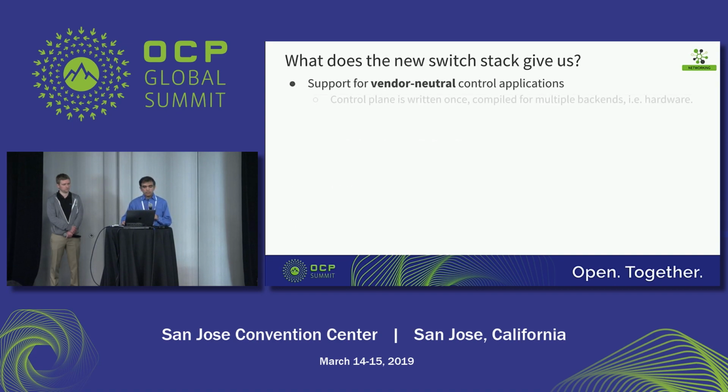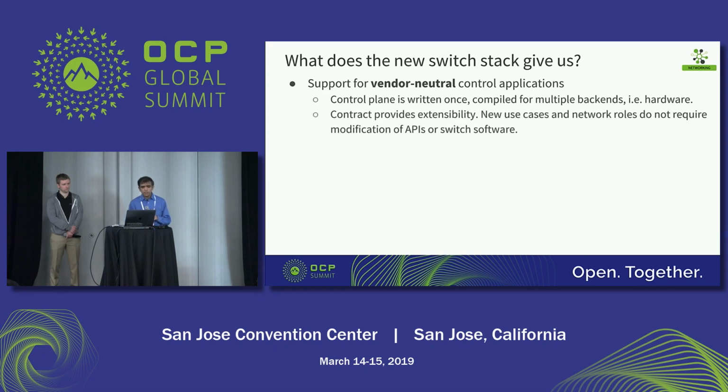And what does it give us? It helps us define some vendor-neutral control applications. So what it means is, based on your network intent, you write a control plane function as a program, and then you compile this to different backends. So going back to the point about rollout of new features at software timescale, this is exactly what enables this capability.